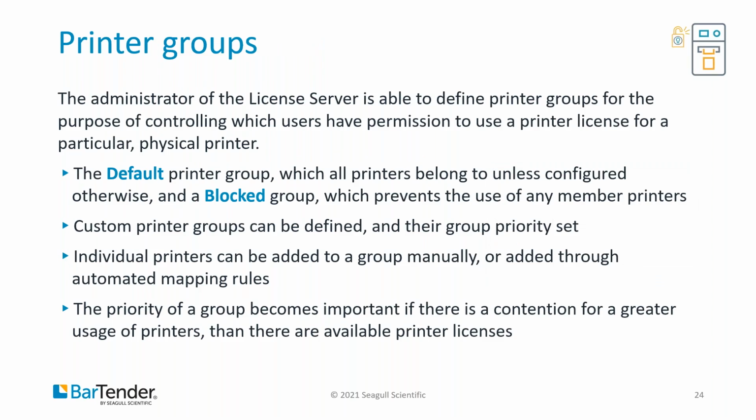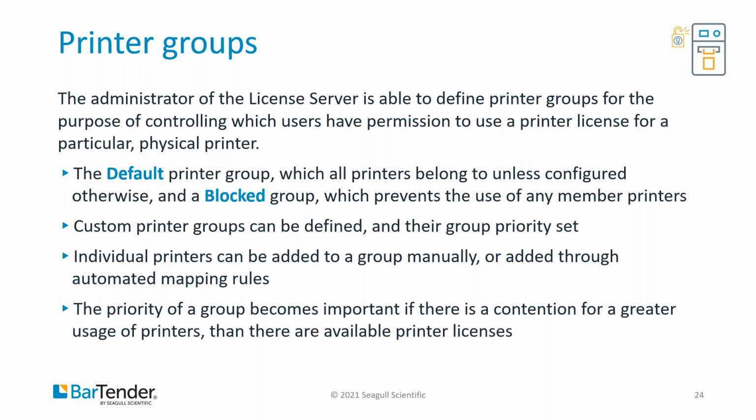Printer groups. In the license server, you can define printer groups for the purpose of controlling which users have permission to use printers in terms of printer licensing for a physical printer.